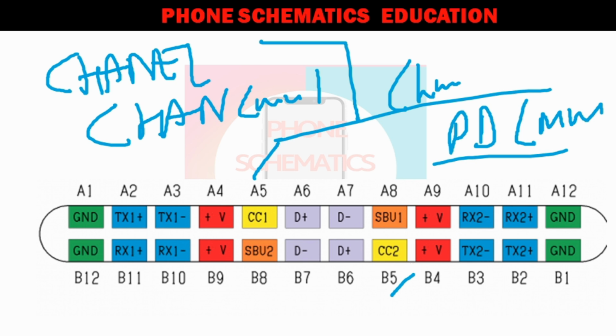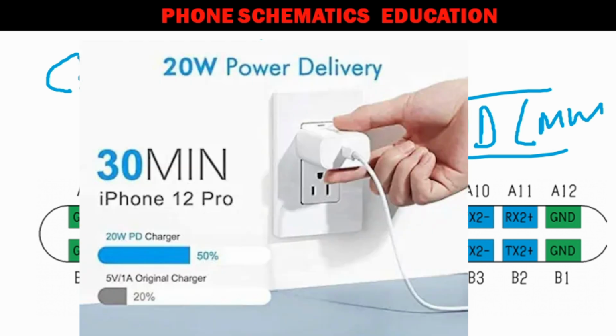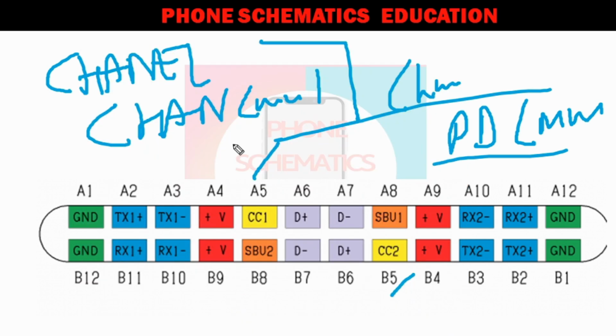Through this pin, USB power delivery communication, you can say PD status, power delivery status. Now, what is this? Through this pin you measure the voltage and current from your charger, like your source.